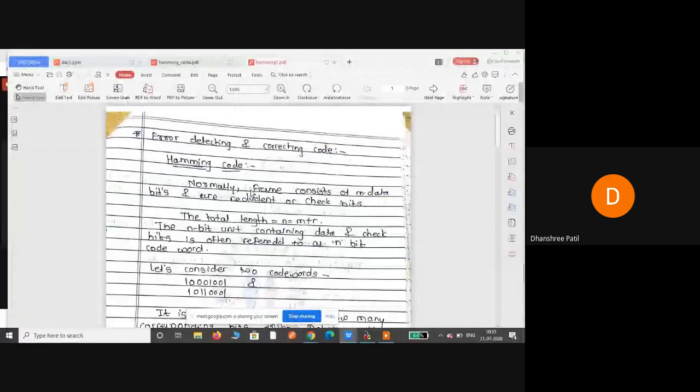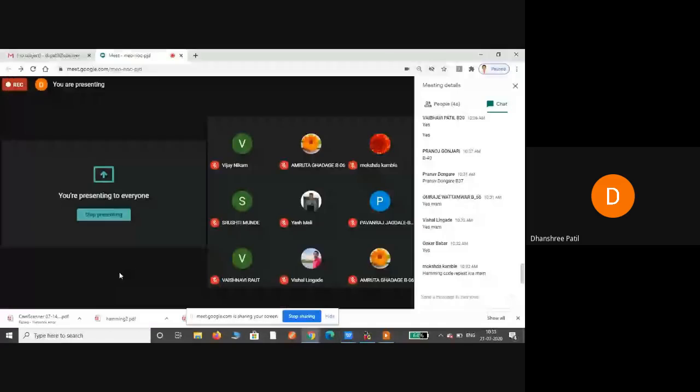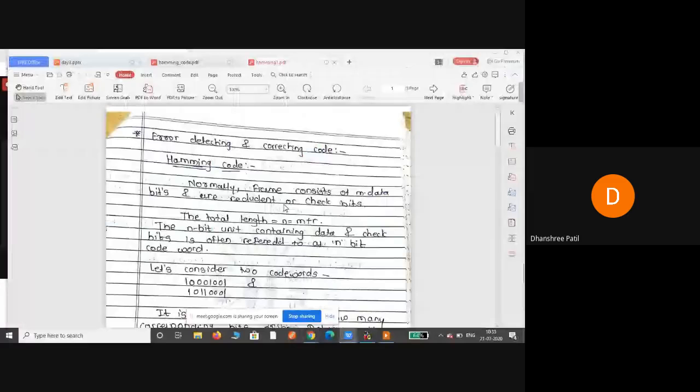Okay, so in Hamming code, it adds some extra bits as parity bits or check bits in your original data. Okay, and these check bits are used to check the error.